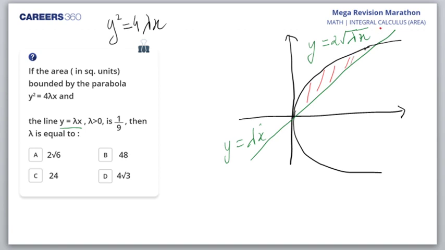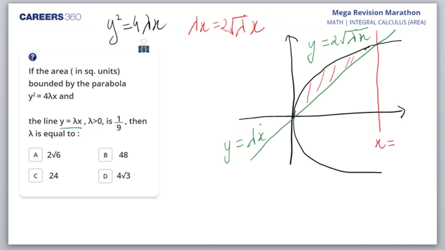Okay. So let me find the point of intersection of the parabola and this line. So y is equal to lambda x. I eliminate y because I want the abscissa x, and I equate lambda x to 2 under root lambda x.